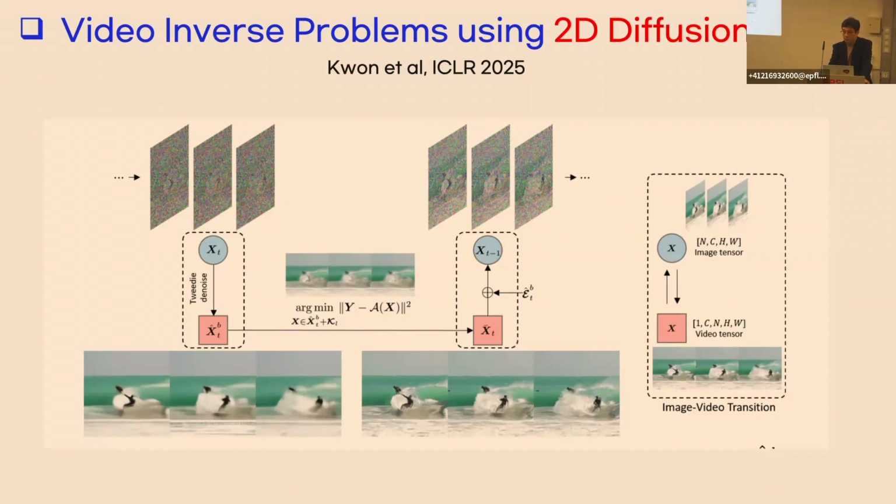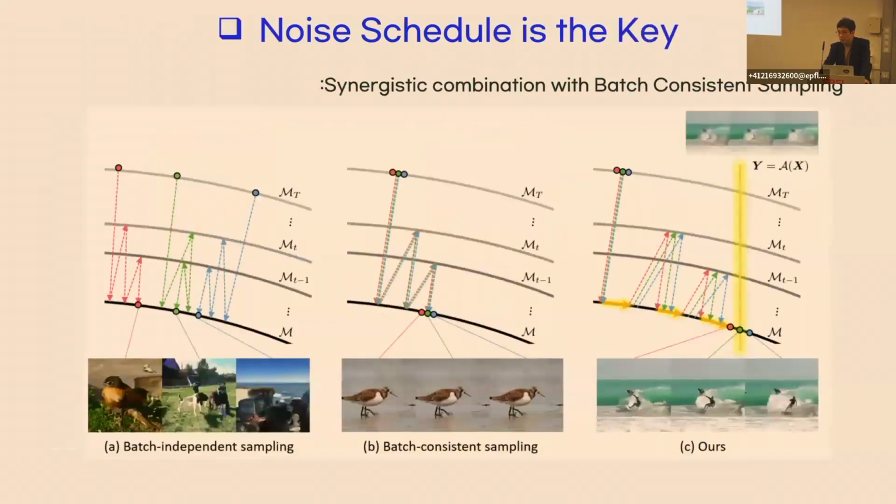But there is one caveat here. If you just apply this naively using the 2D diffusion model, this is what is going to happen. For example, if you start with the 2D diffusion model with completely different noises, you may end up with different images, and there is no way you can make a consistent video based on that. But if you start with exactly the same noise at the beginning, then everything will be the same, patch consistent.